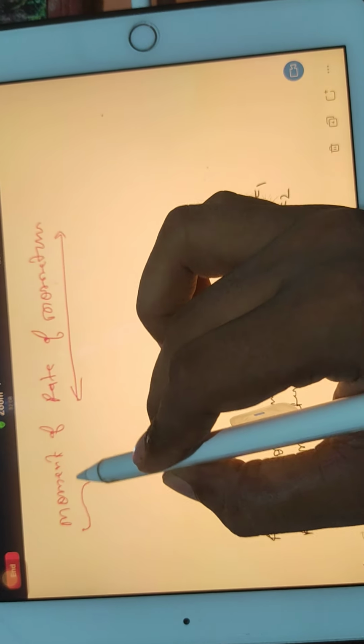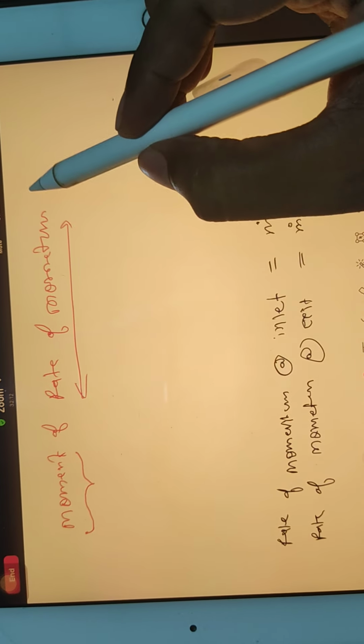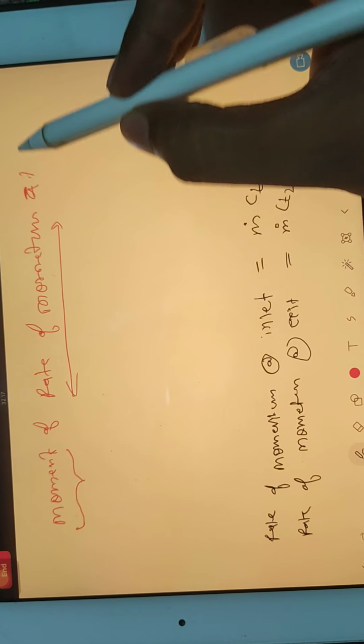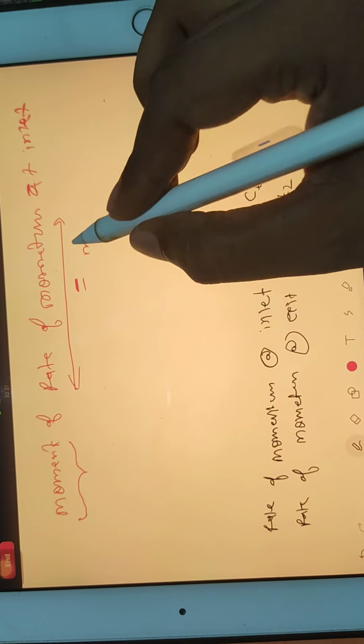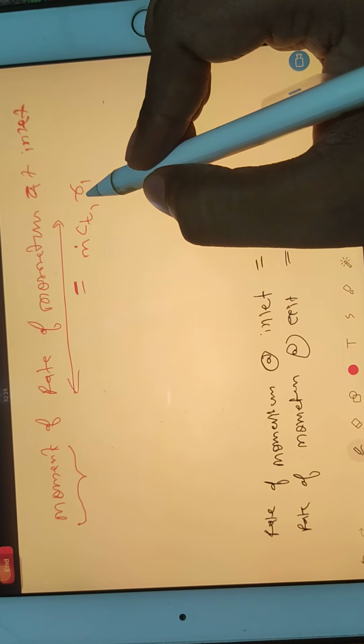Now whenever you multiply with the length, we get moment. So it is nothing but at the inlet, if you are finding out at inlet, that is nothing but m dot ct1 is already there, multiply with r1.